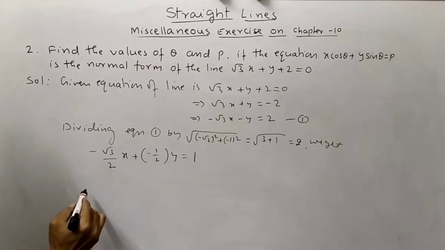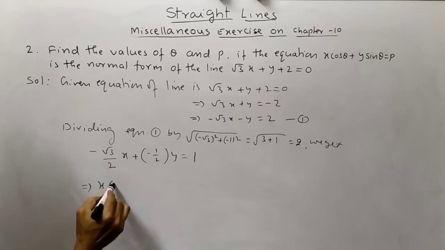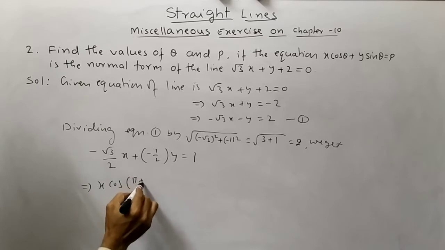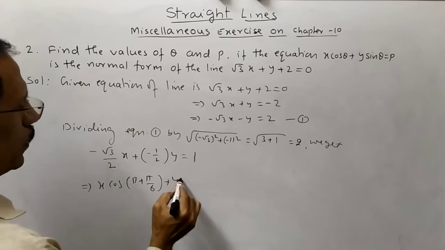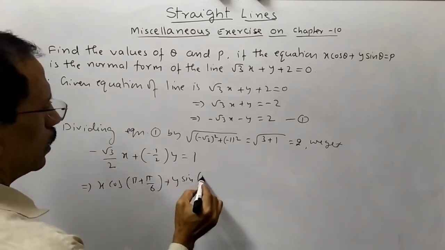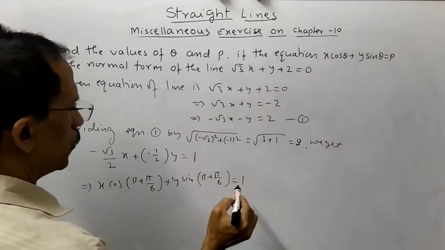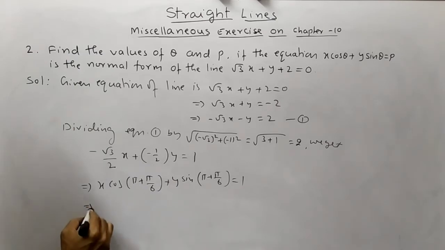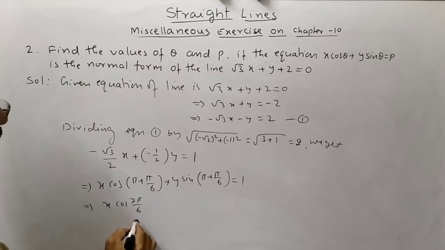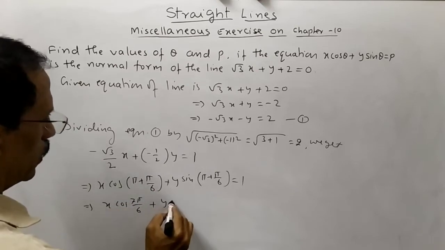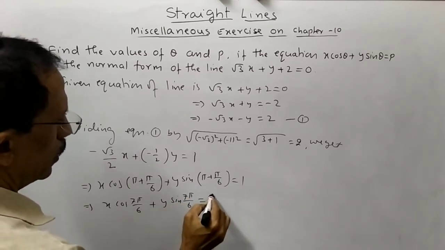Therefore, this equation can be written as x into cos (pi plus pi by 6) plus y into sin (pi plus pi by 6) is equal to 1. This implies x cos 7 pi by 6 plus y sin 7 pi by 6 is equal to 1.